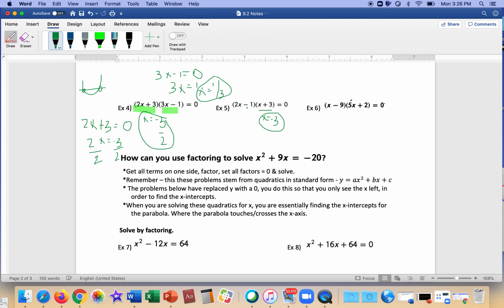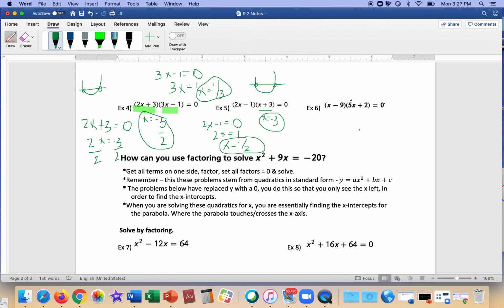If I set this other factor equal to 0, 2x minus 1 equals 0, we can add 1, divide by 2, and so our other value is 1/2. Again, if I FOILed this and had replaced this 0 with a y, it's an upward parabola, and we would have values touching the x-axis at negative 3 and at 1/2.